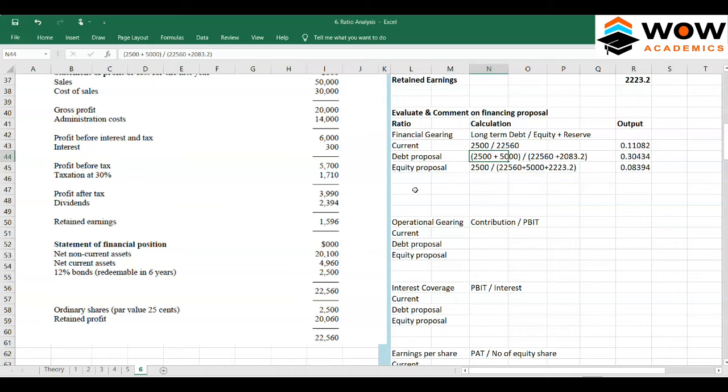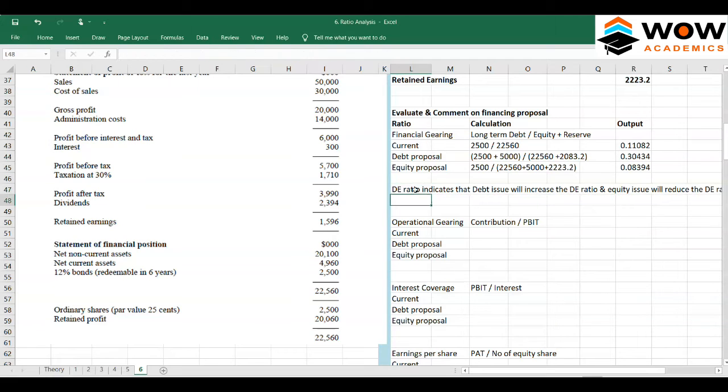So what does this indicate? Okay, what does this indicate? It indicates that our debt equity ratio indicates that debt issue will increase the DE ratio and equity issue will reduce the DE ratio.